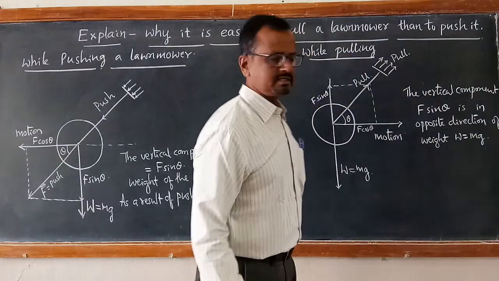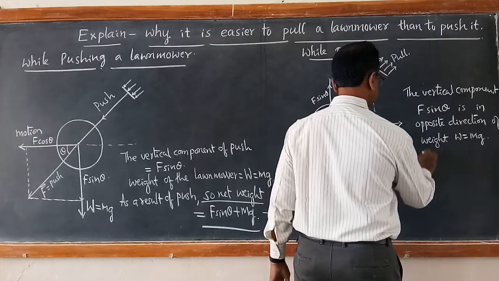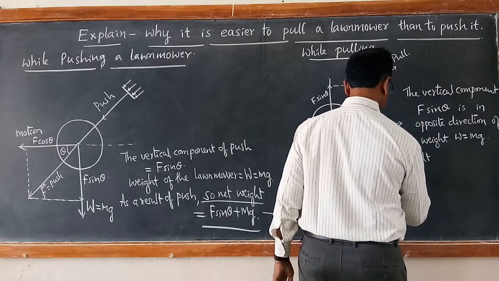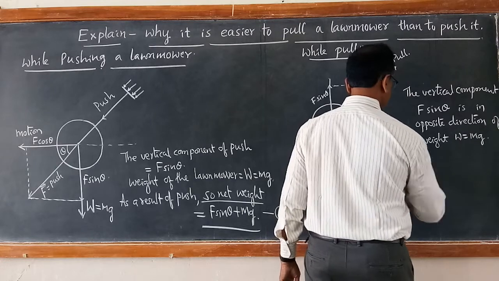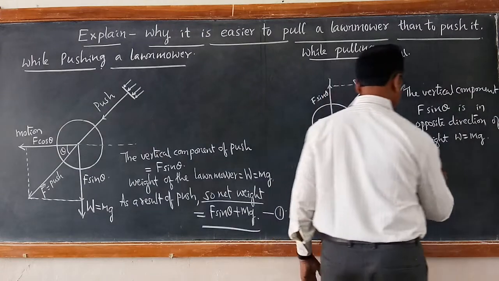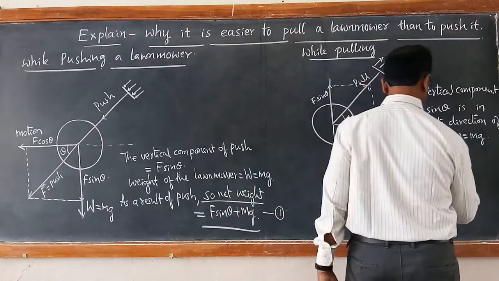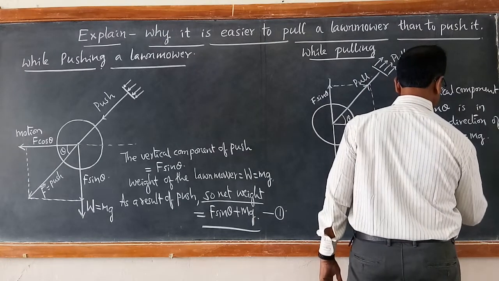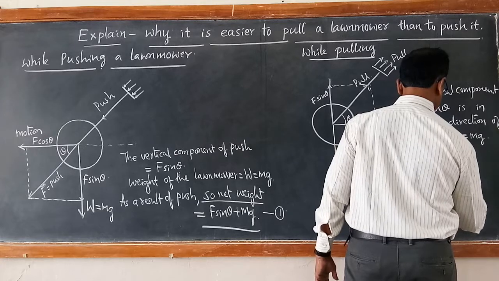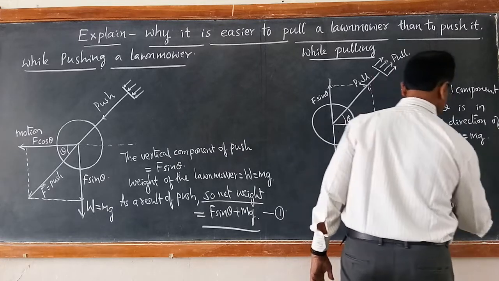As a result, what happens? As a result, net weight while pulling now becomes W minus F sin theta. That is mg minus F sin theta. So this is the net weight.